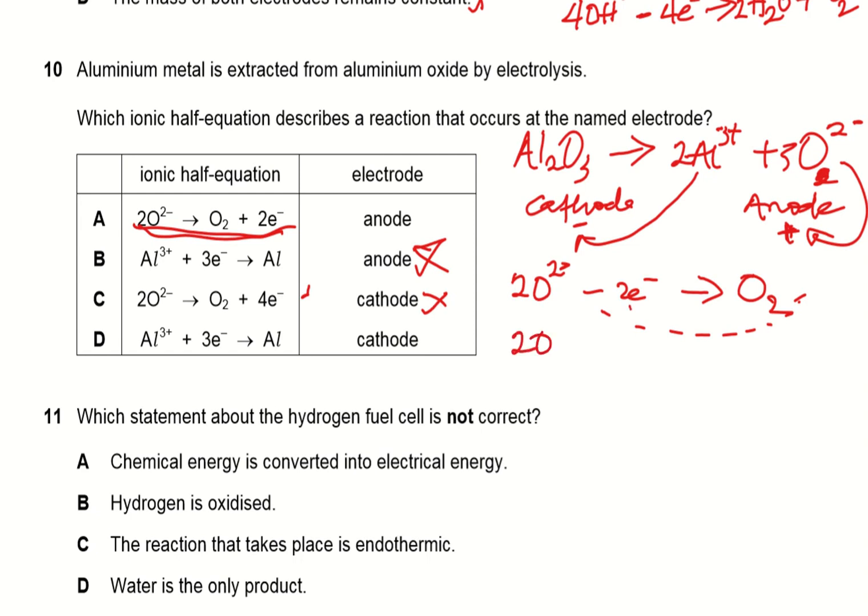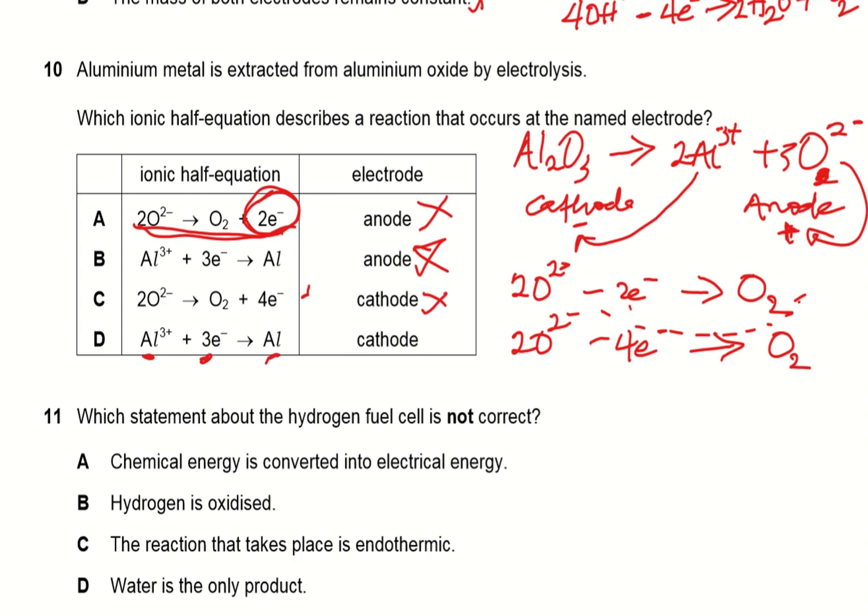So this should have been 2O2- going to O2 plus 4e-. The balancing of the equation is wrong, this should be 4 electrons. So A is also wrong, and D is the correct option here. One aluminium atom will gain 3 electrons to form what?